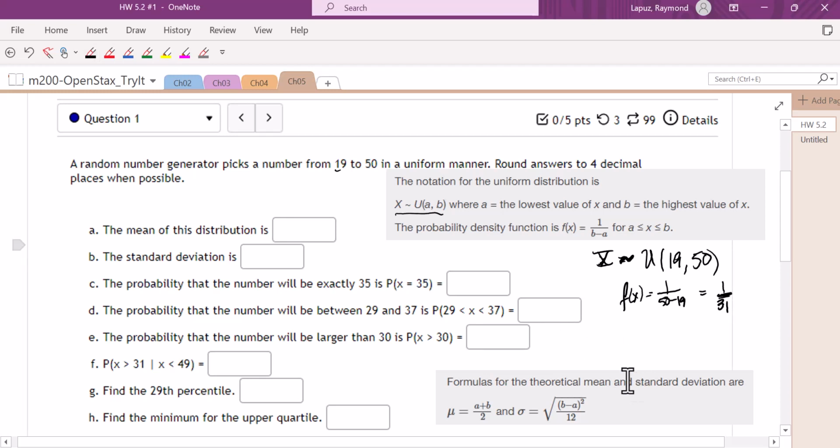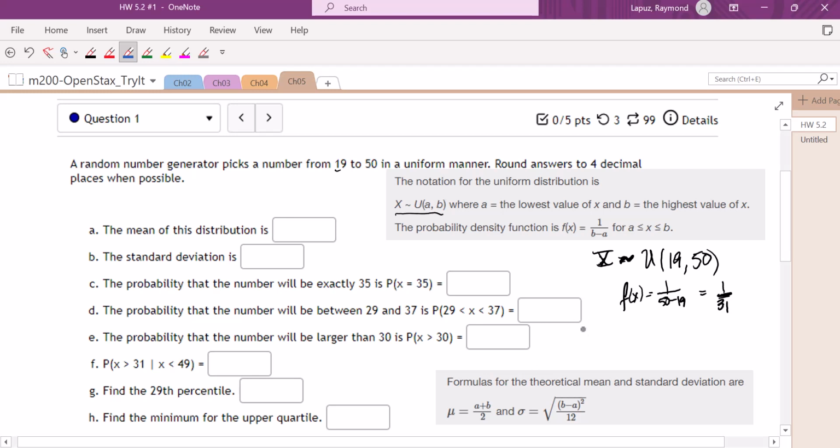Now let's get to actually doing the problems. The first two questions are to find the mean and standard deviation. It would be good to have a small calculator nearby to do some basic computations.